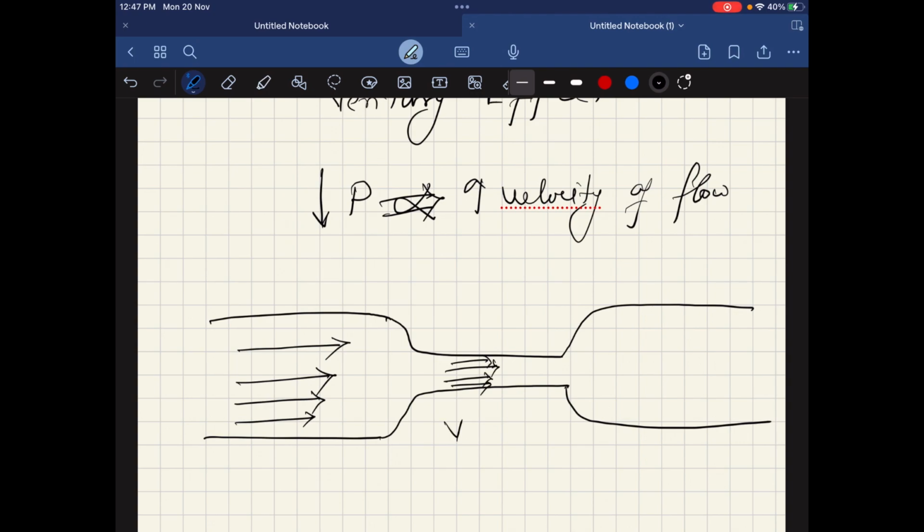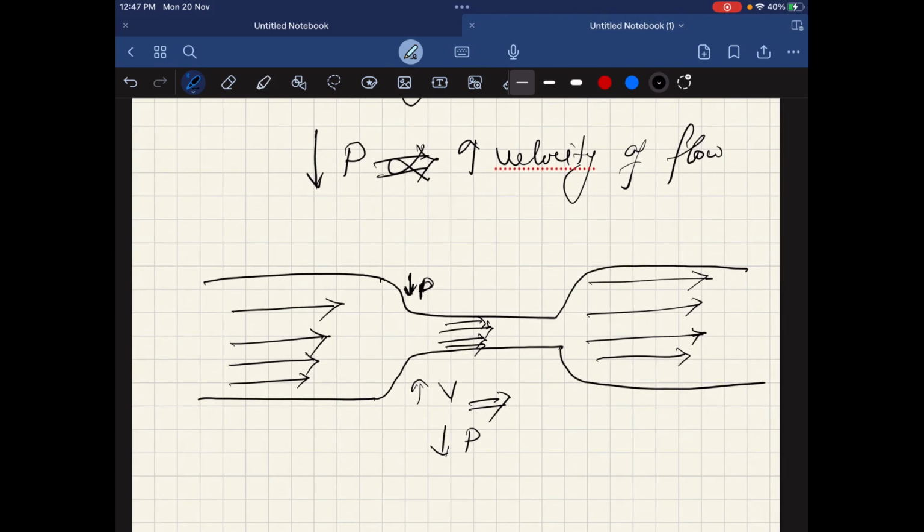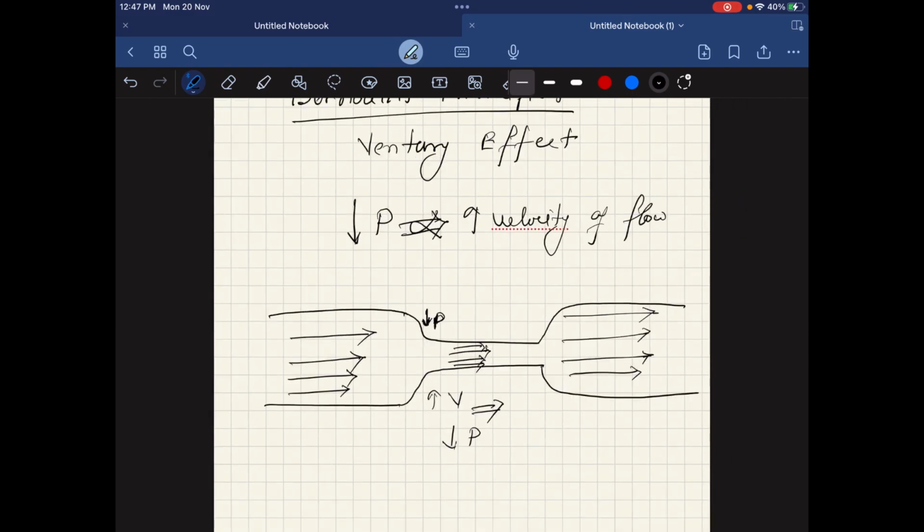You can see the velocity is increasing in the narrower part of the tube, while it goes back to the lower velocity when it comes out to the wider tube, but it leads to a decrease in the pressure at the narrower side of the tube.